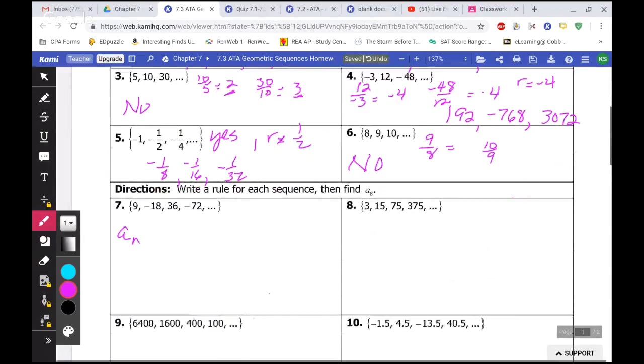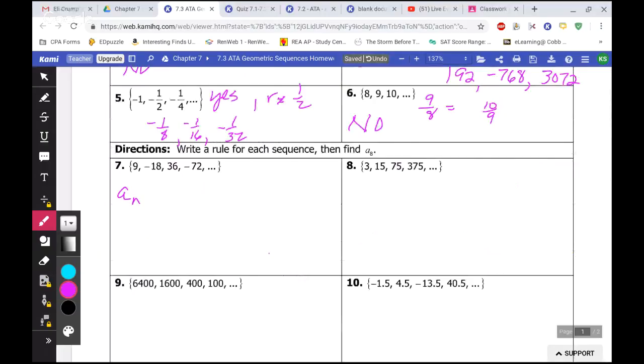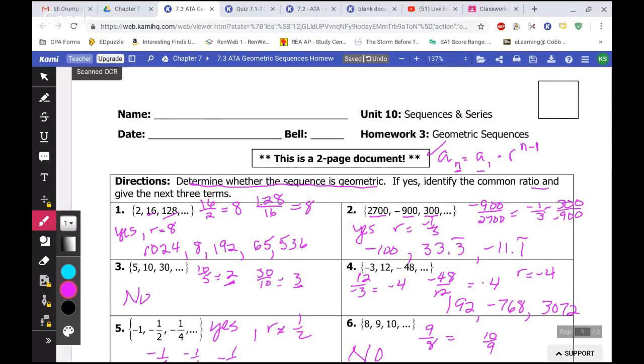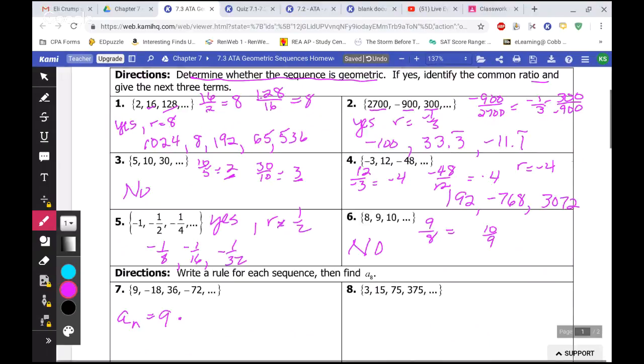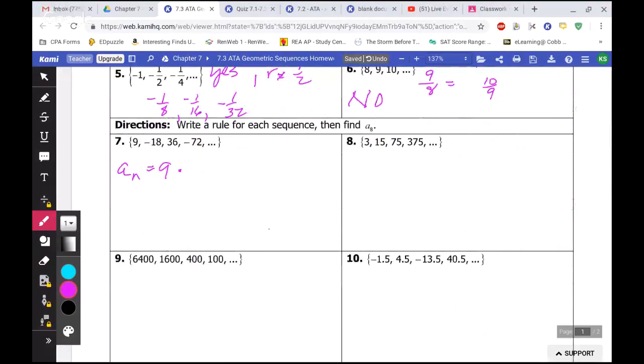Yes, good job. So we're going to take our formula there, and then that A1, that first part right here, that's A1. So the value of A1 times, and then you're going to take what the common ratio is, which you told me is a -2, and you were spot on.